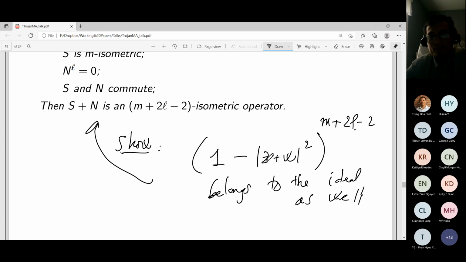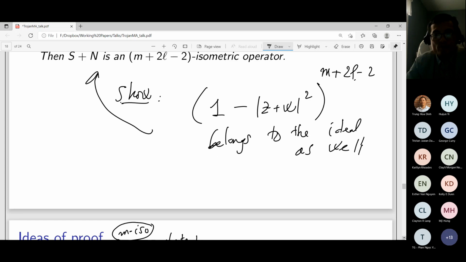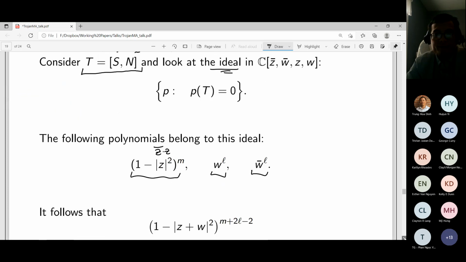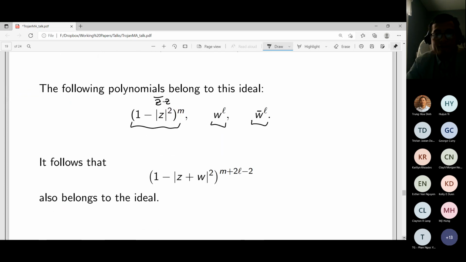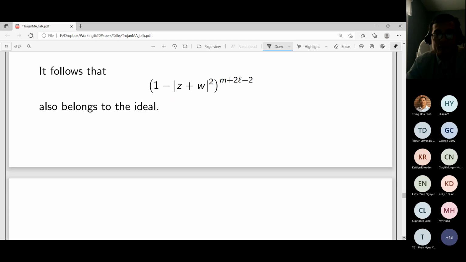Because remember that in the hereditary functional calculus, we replace Z by S and W by N. But then it just boils down to doing calculation with polynomials.